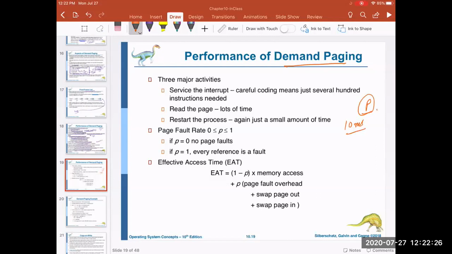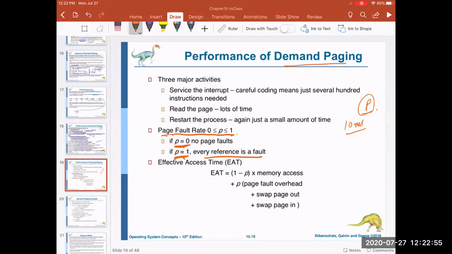We are trying to find out the performance of demand paging. If P is the page fault rate, if P is 0, it means there is no page fault, so there is no overhead of page fault. If P is 1, then every reference is a page fault, so the memory access would be more.